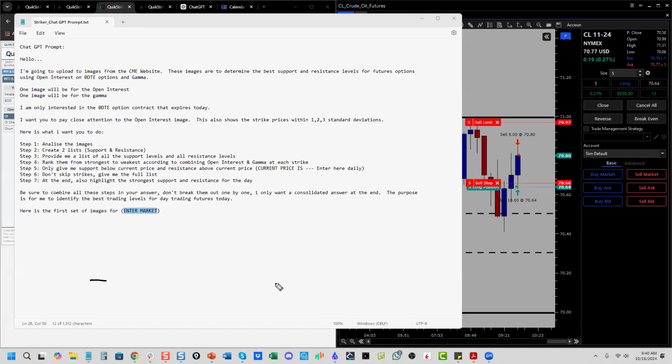So here it is. This is the level. So what I want to see is a down candle, and then I want to see an up candle, right? There's going to be two patterns.